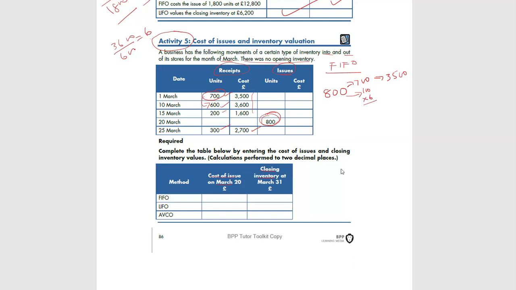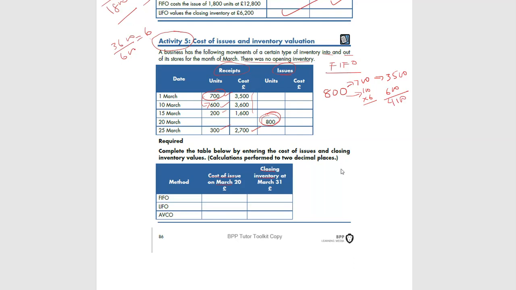So 3500 for the first 700, and another 100 at 600 cost, that gives me 4100. So 4100 is my issue cost. Let's write it down a little bit later.